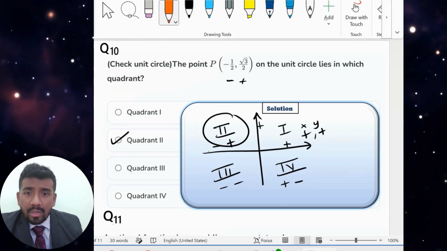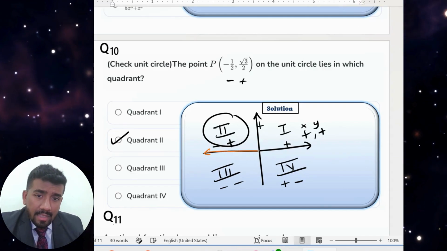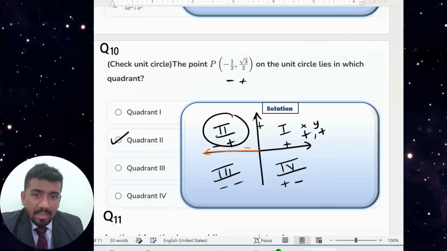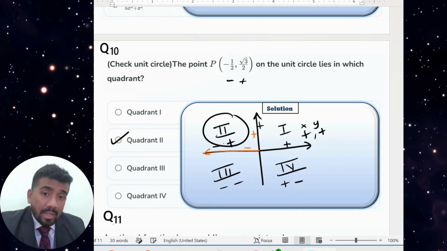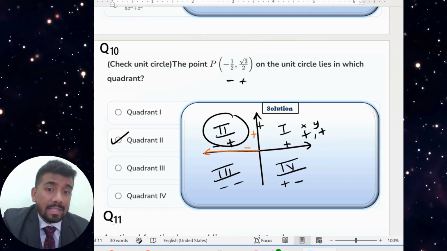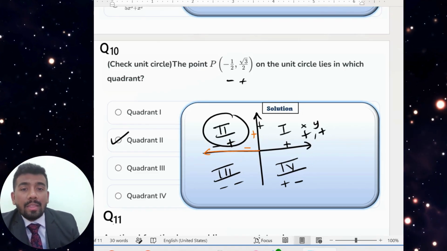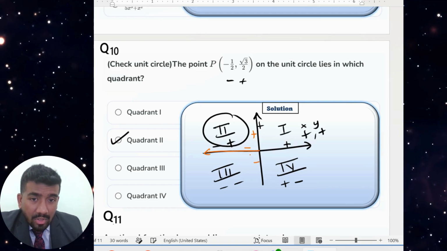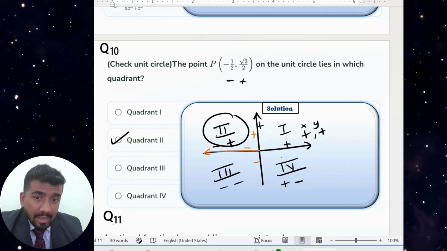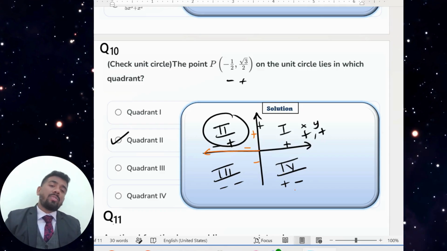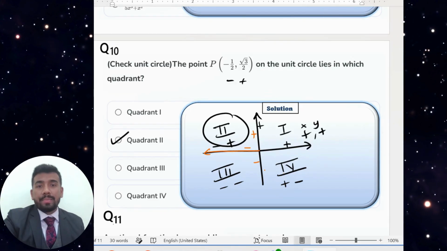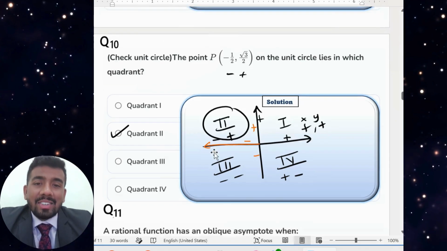In the second quadrant, if I take this one, it's negative, but the up one is still plus. So first x, then y. So minus plus. You see? In the third quadrant, it's minus and this also minus. So minus, minus. And in the fourth quadrant, plus, minus. Always take x first, then y. Understood? Easy? Okay, let's go to the next one.